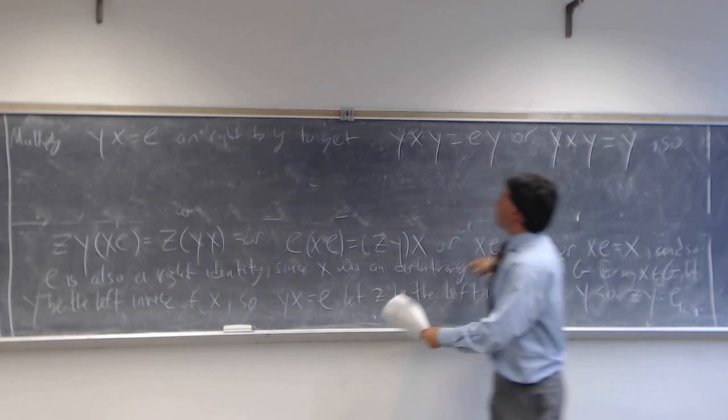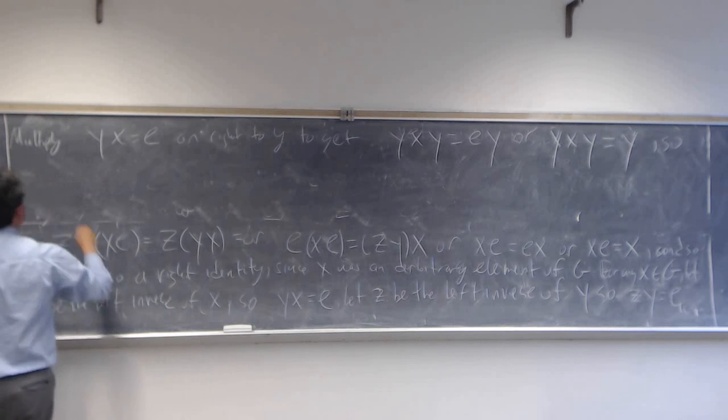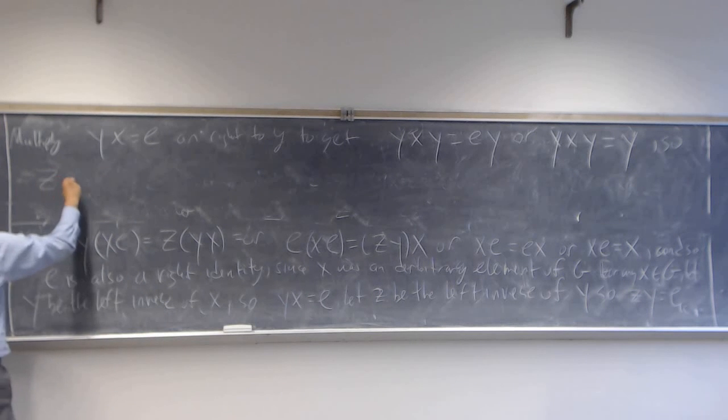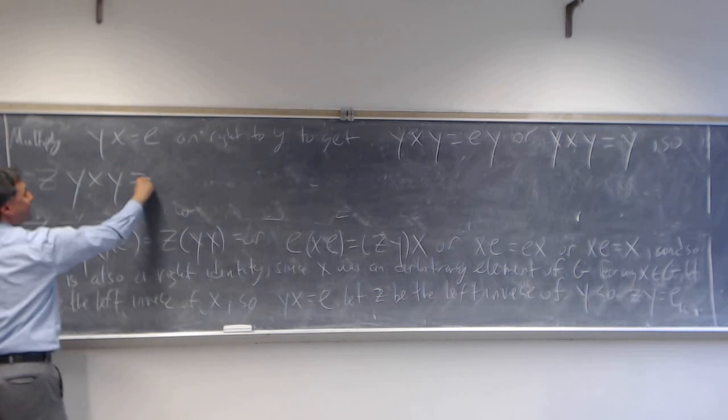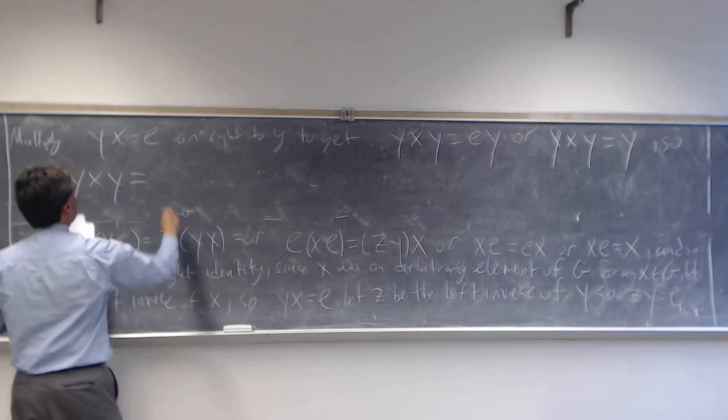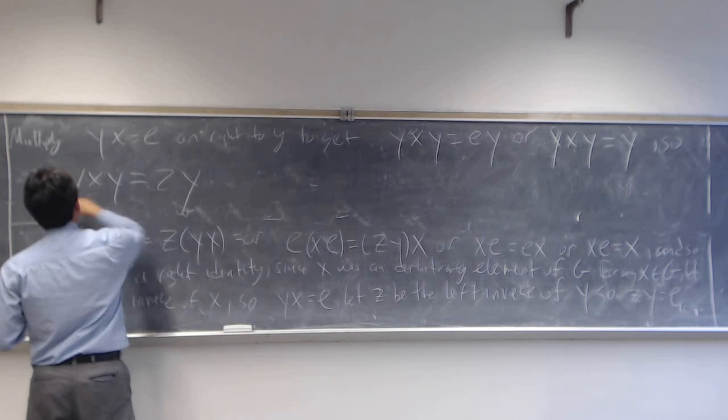So if we multiply on the left by z, the left inverse of y, zyxy is equal to zy.